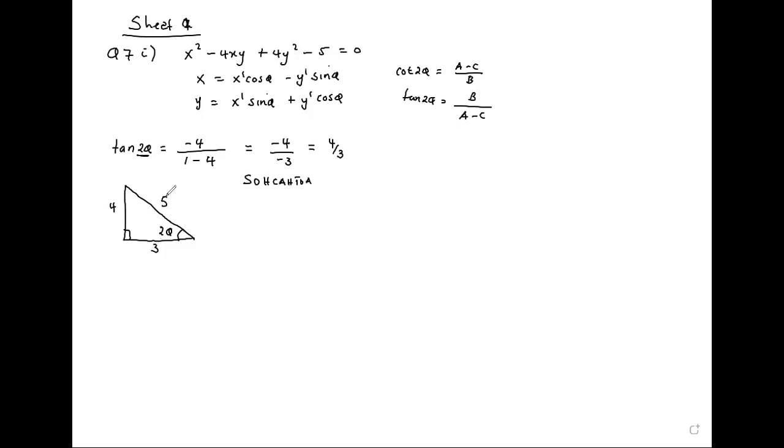So now, remember, we have tan 2 theta is 4 over 3. So for sure, sin 2 theta is going to be opposite over hypotenuse, 4 over 5. Cos 2 theta is adjacent over hypotenuse, 3 over 5.